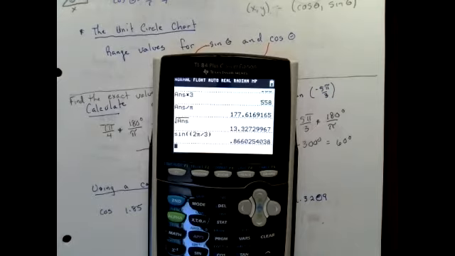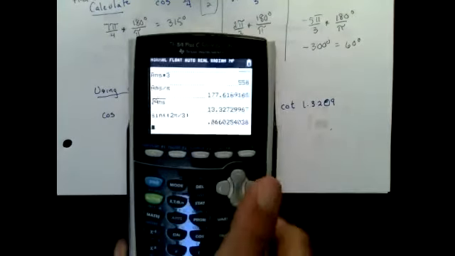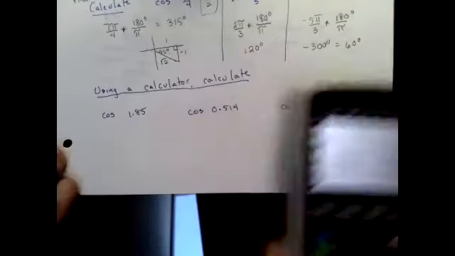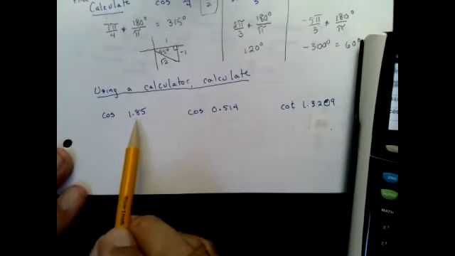By using the calculator. So now when I look down here, I start to see more radians. What's the cosine of 1.85? Negative 0.275. Again, this is radians. Just a reminder, this is radians, 1.85 radians.